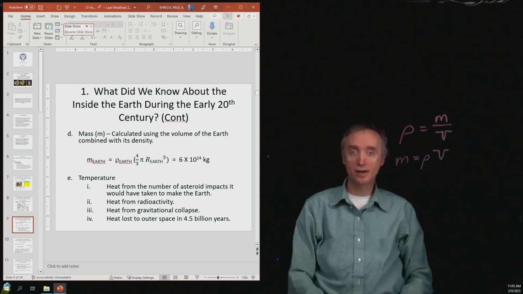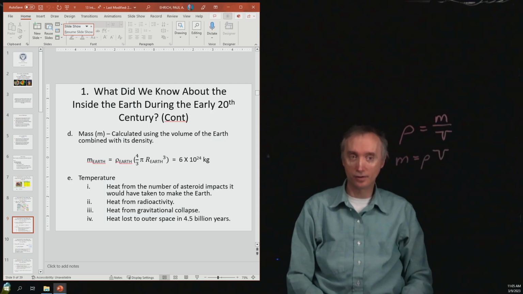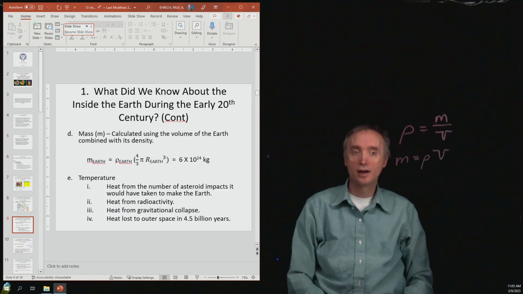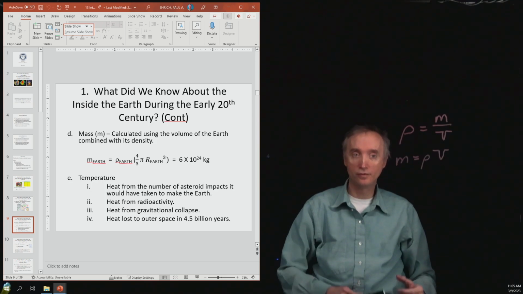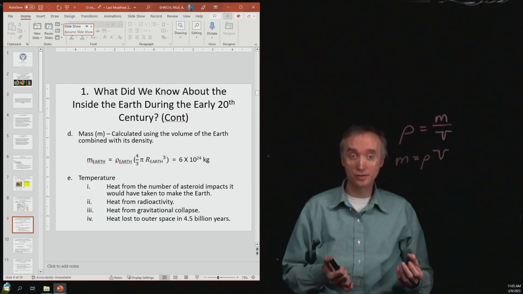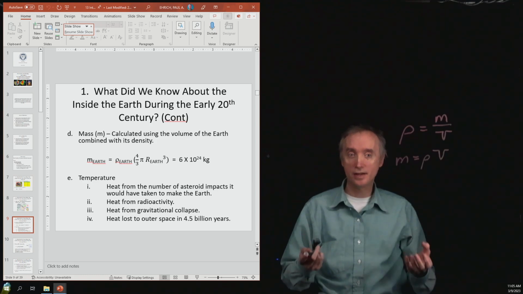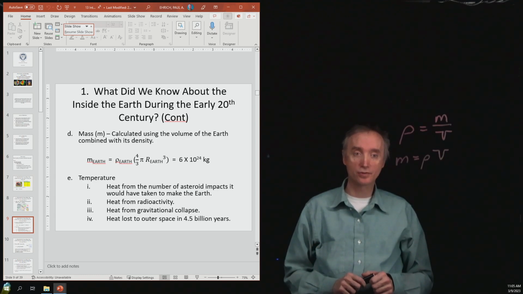Okay, now the next step is quite a bit harder, and that is to figure out what's the temperature inside the Earth. So, in order to do this, first you have to remember, how did the Earth form? So the Earth forms as a result of collisions by tens of thousands of asteroids.